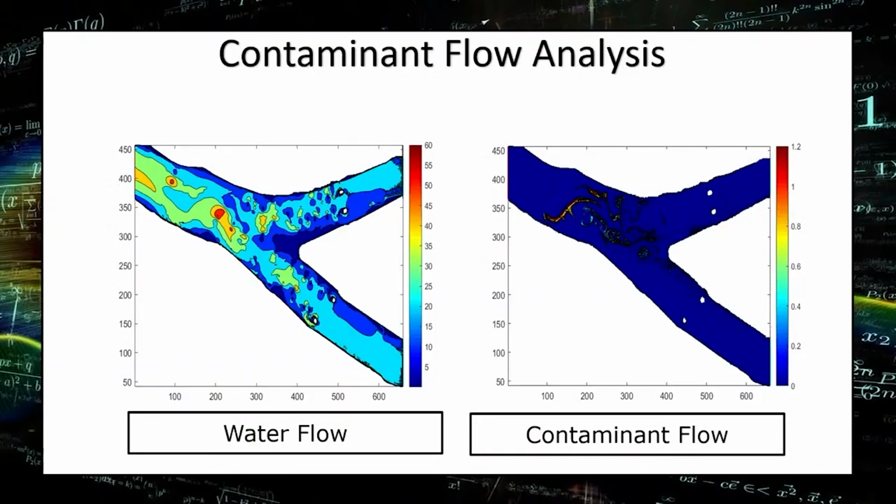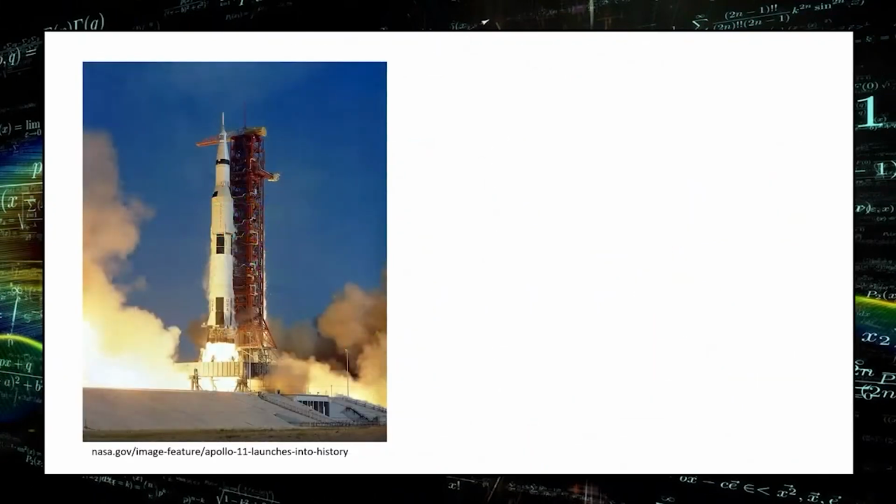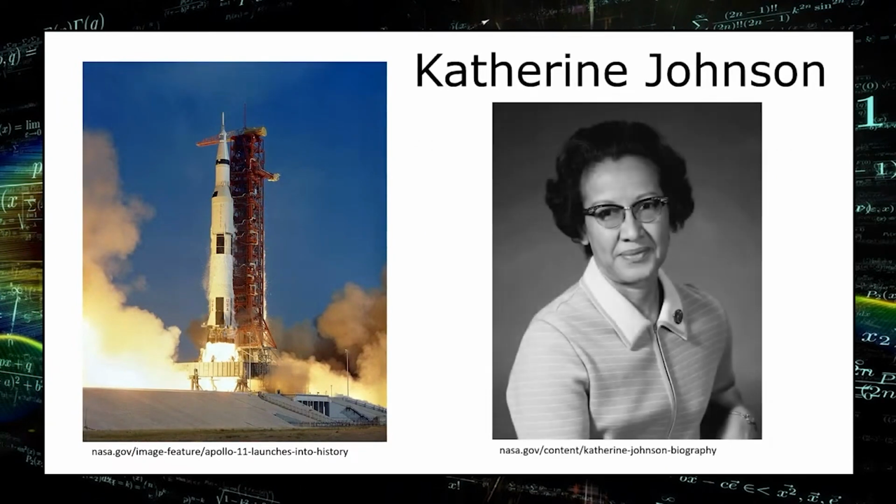Just like mathematicians did not make the Apollo 11 rocket, right? That was engineers and rocket scientists. However, Katherine Johnson, right, fought racism and segregation inside of NASA to calculate the trajectories so that we could actually get to the moon and get back safely. All right, and she was different.